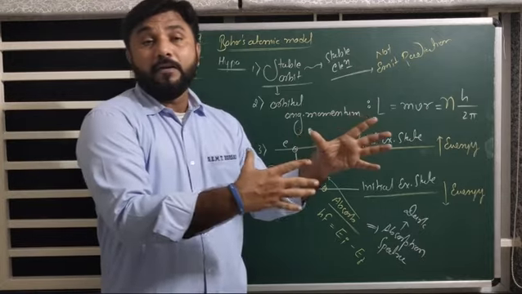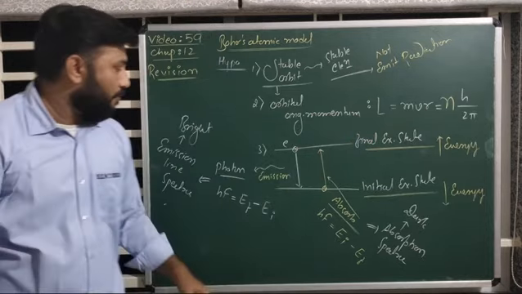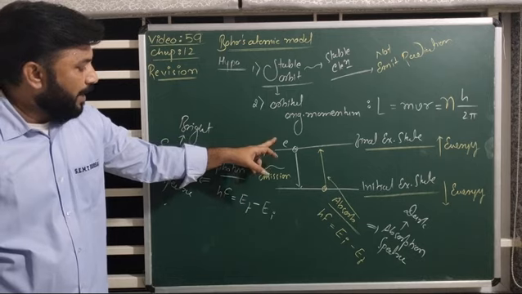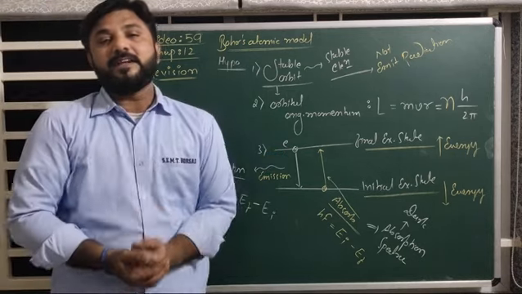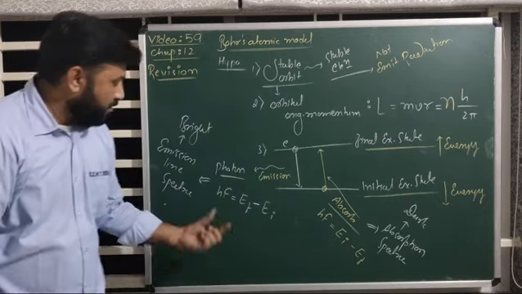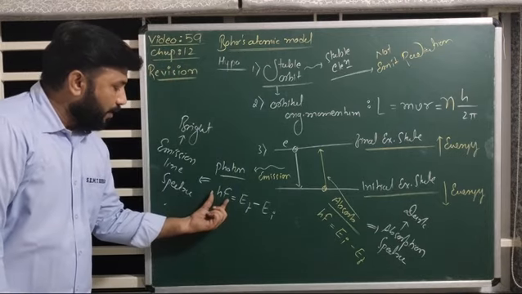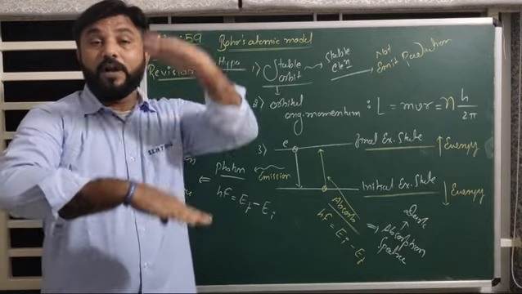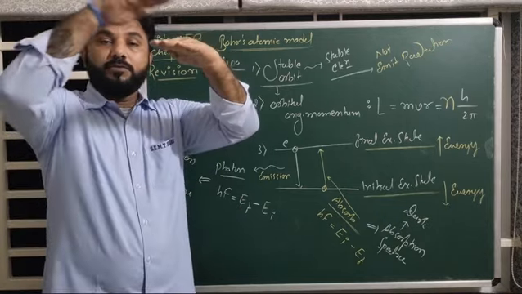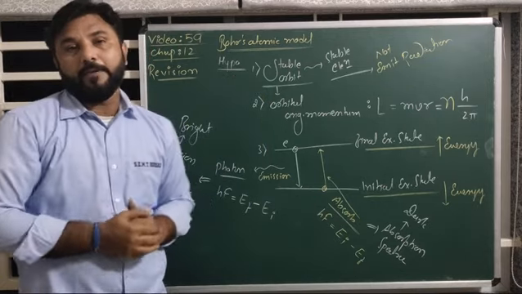Something is emitting. When the electron transits from a high energy level to a low energy level, how much energy is released? That energy, in terms of a photon, and this photon has energy equal to the energy difference between the 2 levels, from where it is going to where it is going.